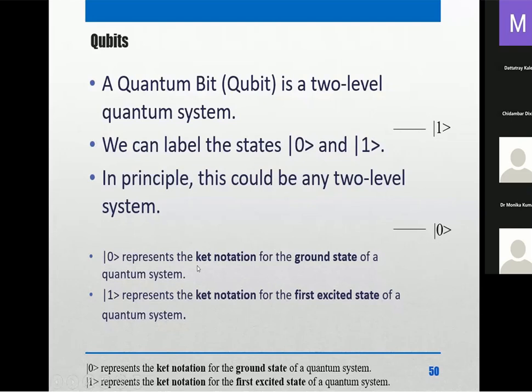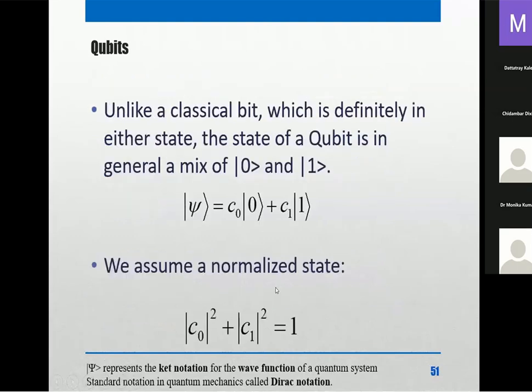The 0 represents the ket notation for the ground state of the quantum system, and the 1 represents the ket notation for the first excited state of the quantum system.